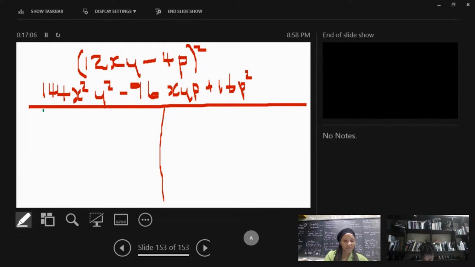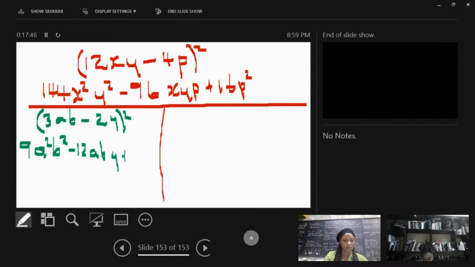Okay, Asar. So we have 3ab minus 2y. So 9a squared b squared minus 12aby plus 4y squared.